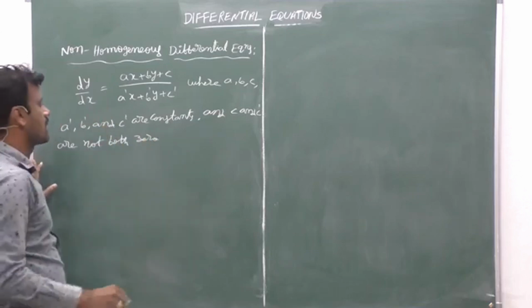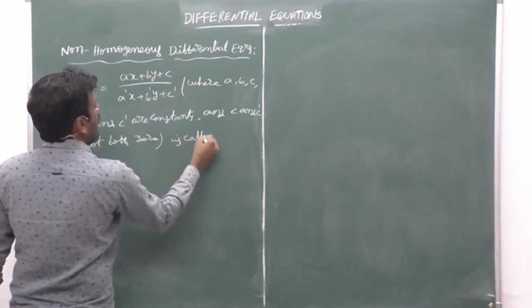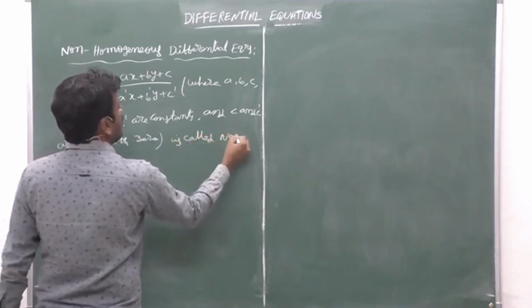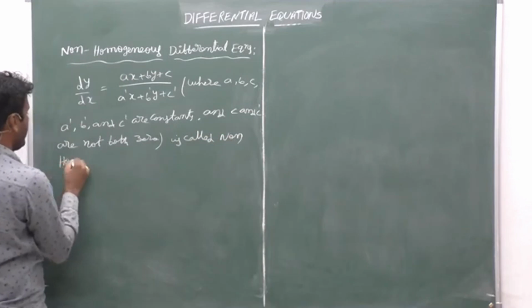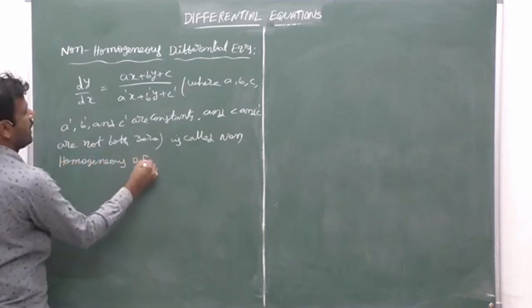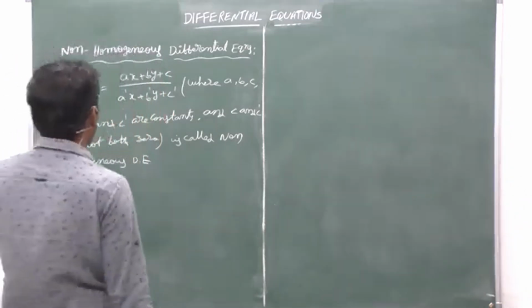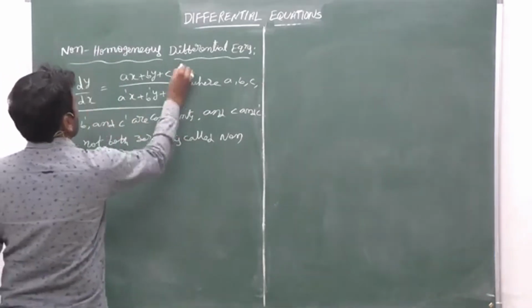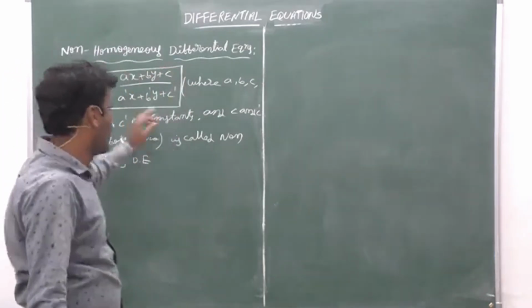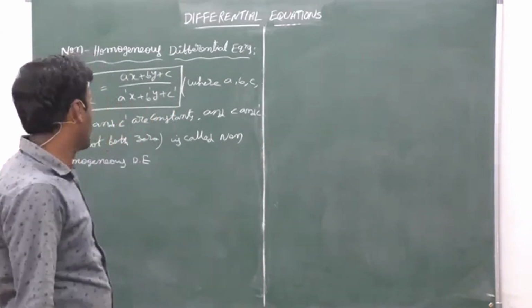Then this equation is called a non-homogeneous differential equation, whereas dy by dx equal to (ax plus by plus c) by (a dash x plus b dash y plus c dash) is called non-homogeneous differential equation.